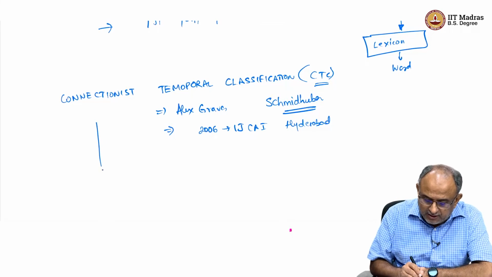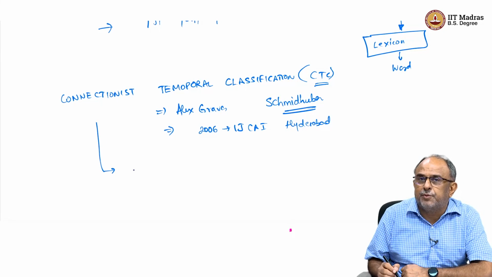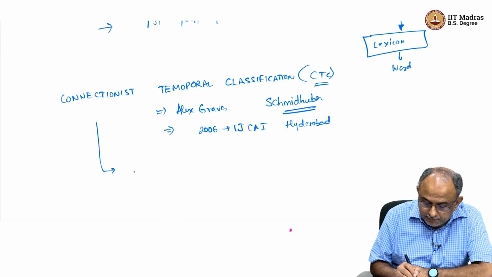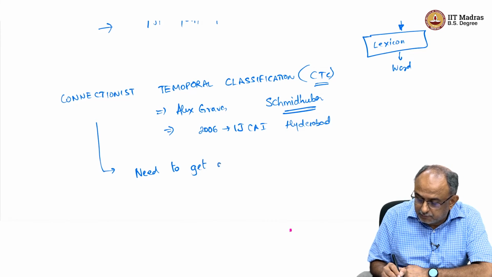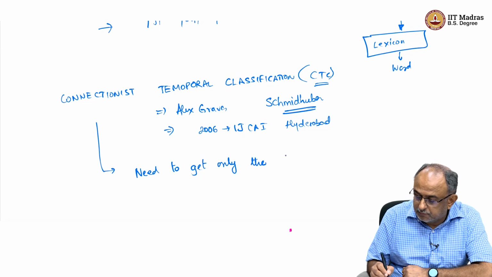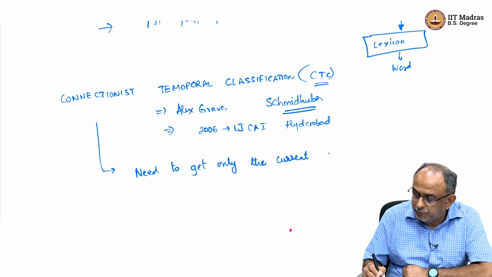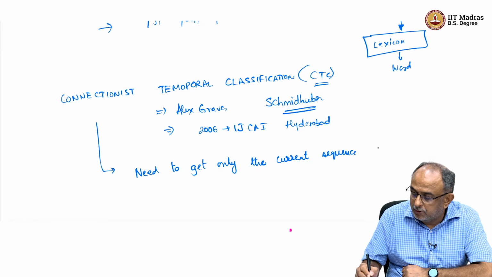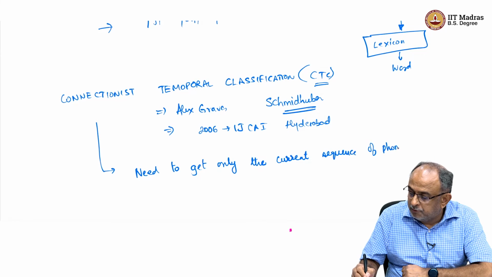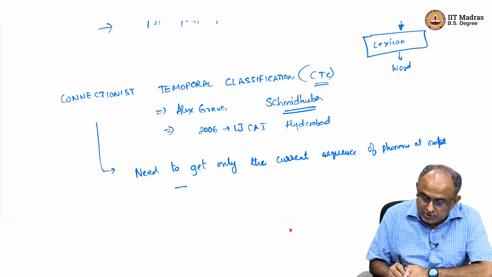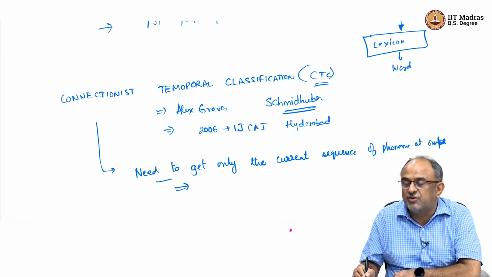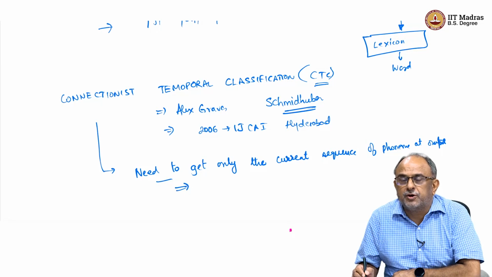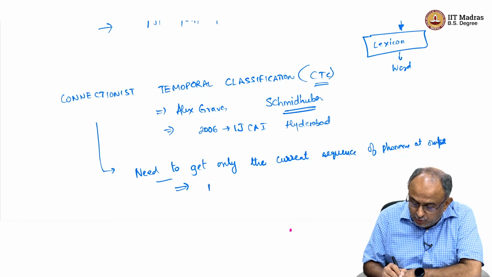So the basic idea is only the sequence is important, right? Okay, so this is the basic idea of CTC. So we need to get only the correct sequence of phonemes at the output. Okay, so this is the new objective function.